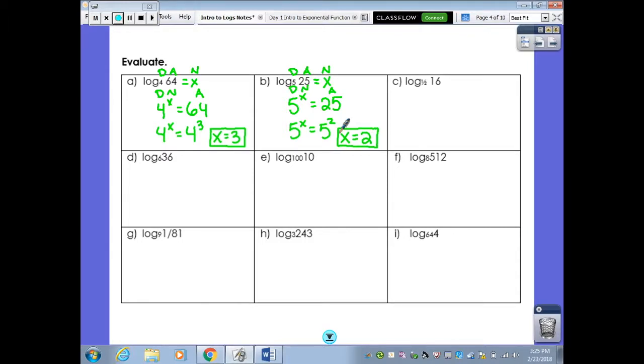Let's look at the next one. Set it equal to x, D, A, N becomes 1/2 to the x equals 16. This one's a little bit tricky because we need to think about negative exponents. So this is going to become 2 to the negative 1 raised to the x is equal to, let's get a common base of 2 over here, which is 2 to the 4th.